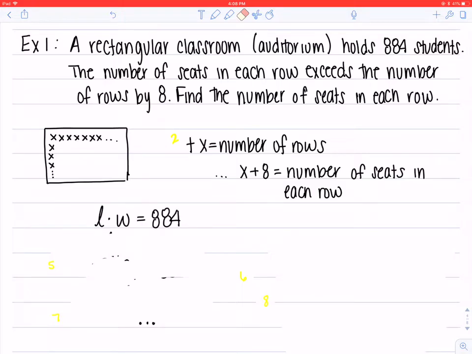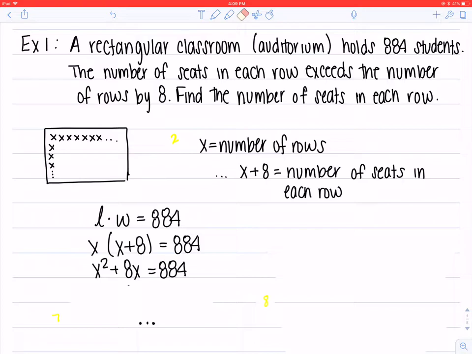Anytime I'm trying to find how many individual seats, I multiply the number of seats in the row times the rows. So length times width equals 884, where my length is x and my width is x plus 8. So I have x times x plus 8, and I'm going to multiply that out.